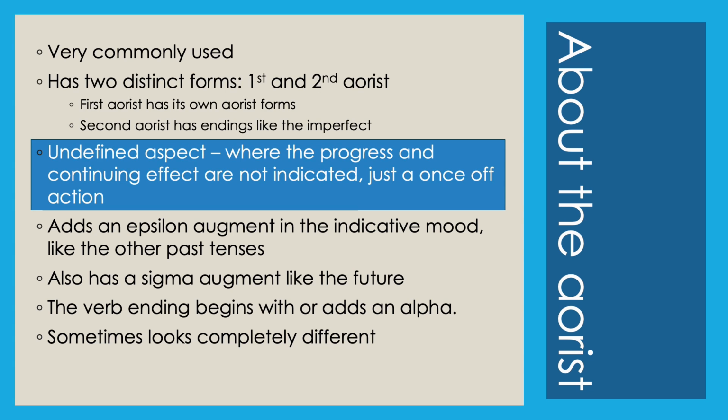Thirdly, the aorist indicative has what is known as an undefined aspect. This tells us that a verb is once off in action, but it doesn't say anything more about how it continues or what is progressing from that. In the present tense, the verb is always continuous.